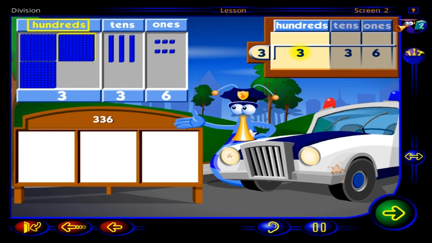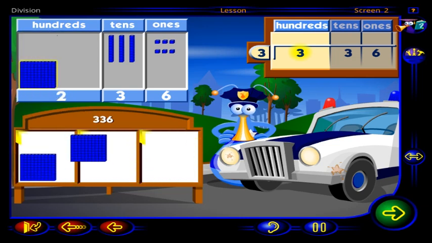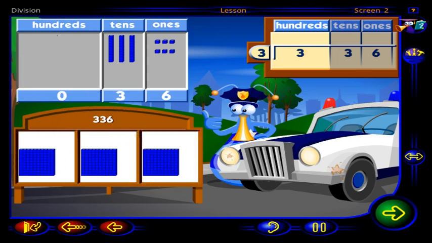Drag 100 into each group. When we divide 3 hundreds equally among 3 groups, there is 100 in each group. And we can show that by writing a 1 here in the hundreds place.